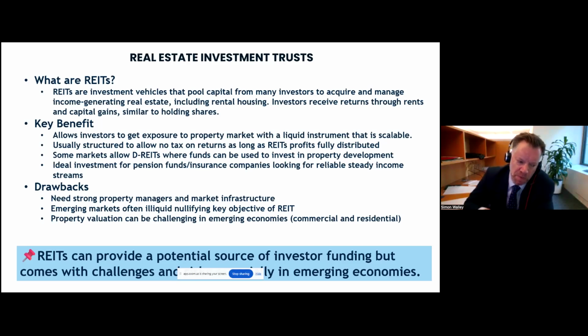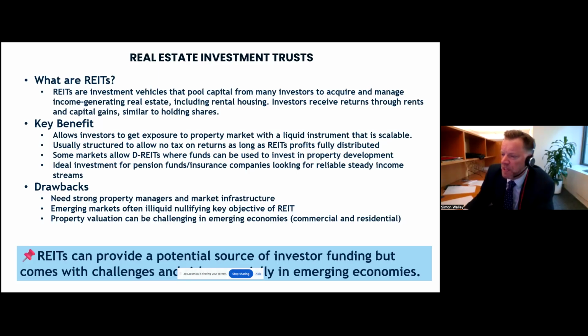So you have minimum vacancy rates and strong credit checking mechanisms. So again, this is a potential of really scaling up rental, making it more professional, and getting this inflow of capital market investment.